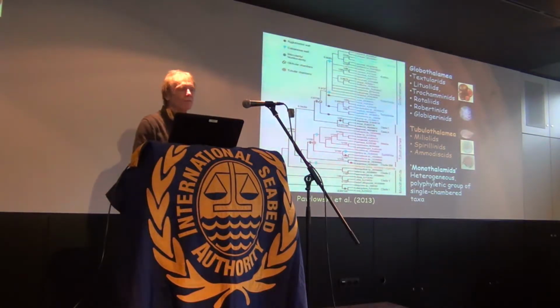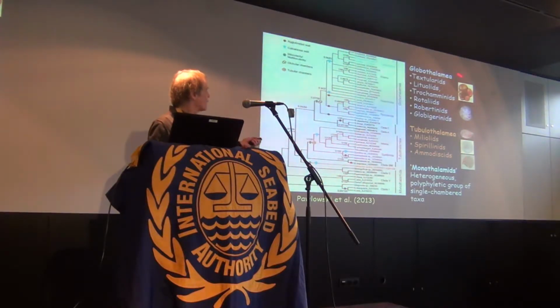Now, in recent years, there have been tremendous advances in molecular analyses of forams, and this really has led to a new classification, which Jan Pawlowski published a few years ago, and this classification recognizes three main groups.